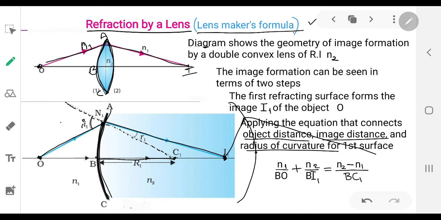So DI dash we are measuring opposite to the incident ray because I dash is in the denser medium. I dash is in the denser medium. The incident ray is traveling towards the rarer medium. So DI dash has to be taken negative.